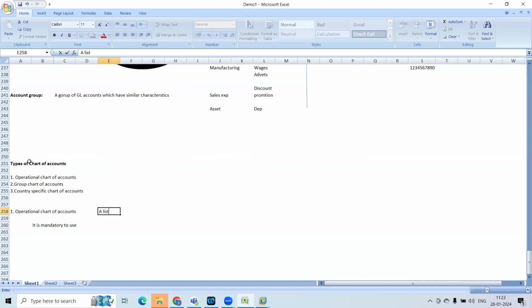A list of GL accounts which we use in daily business transactions.